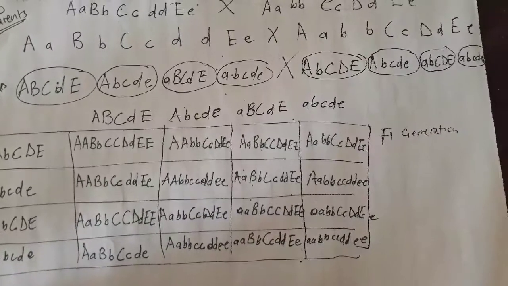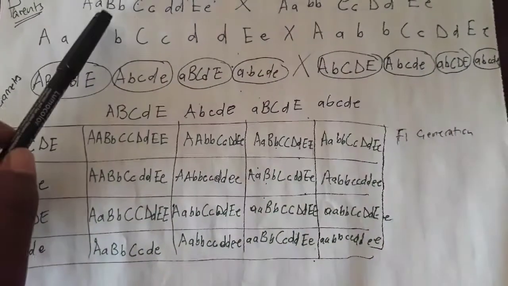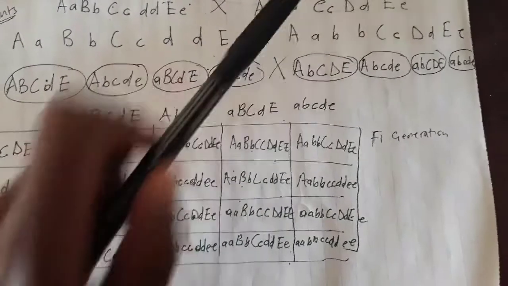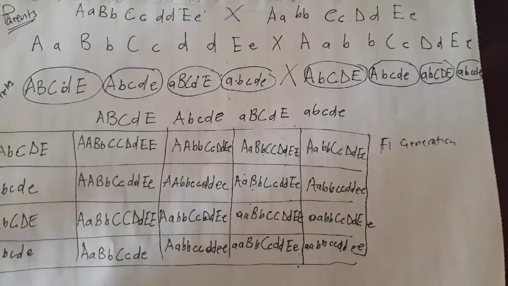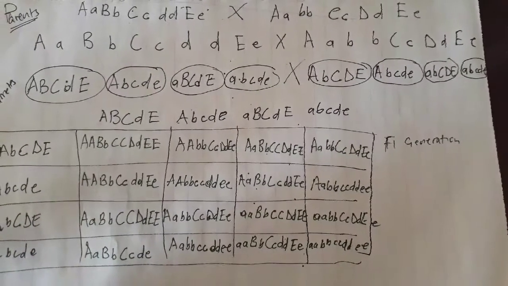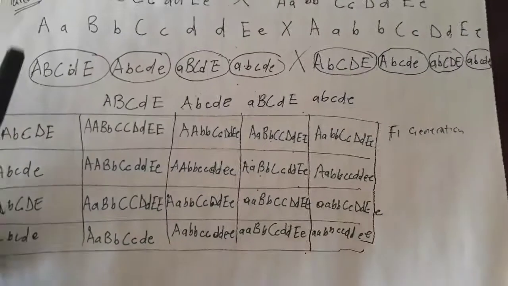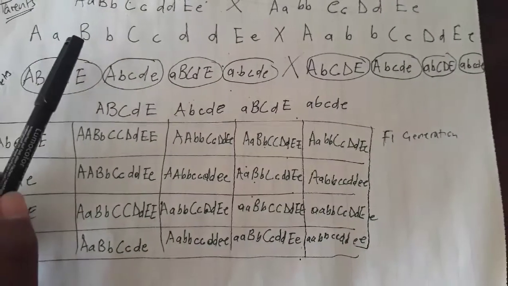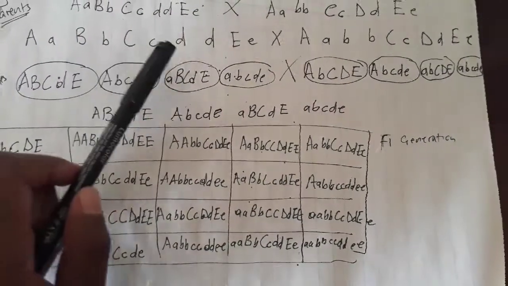So we do a genetic cross for the two parents. To form gametes, one allele of each trait associates with each other.